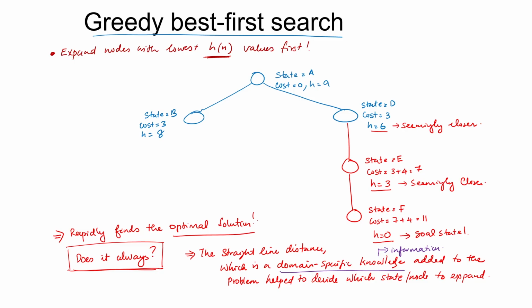And if you remember yesterday's lecture, the last slide we talked about was the greedy best first search algorithm, and the straight line distance was the heuristic that was used.